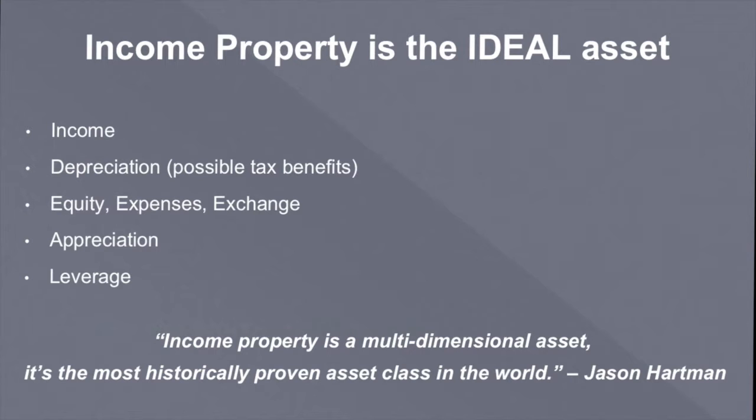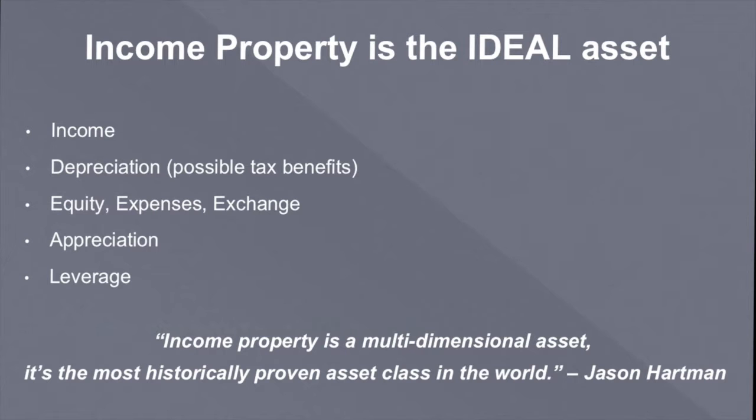There's a little bit of difference of opinion in what this acronym stands for. But most people would say the first letter, I, is for income. The second letter, D, is for depreciation. Now, depreciation might sound bad, but when it comes to income property, it's wonderful, because we're talking about the depreciation write-off that we get on our properties, even if the property is producing positive cash flow and it's appreciating in real life.